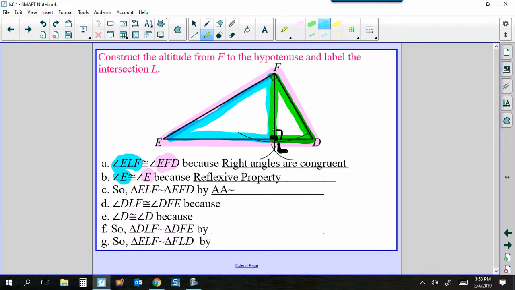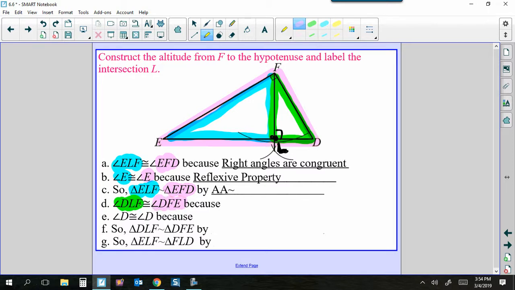Once again, this is the base and the altitude, which we know are perpendicular. So therefore, we know it is a right angle. And then angle DFE, well, DFE is from that original triangle, which we know is a right angle as well.